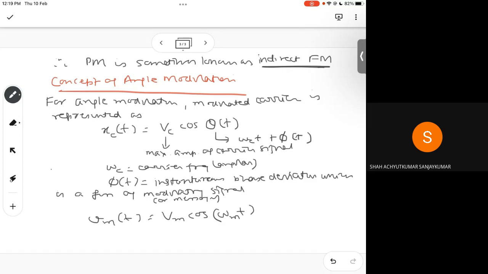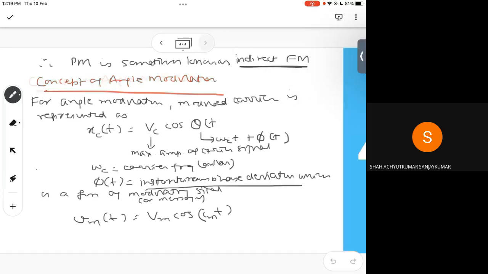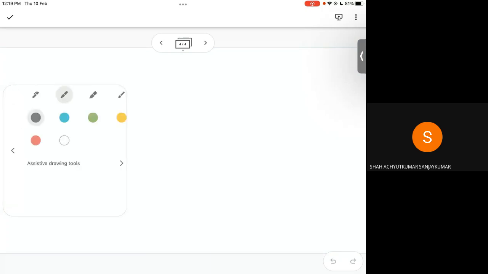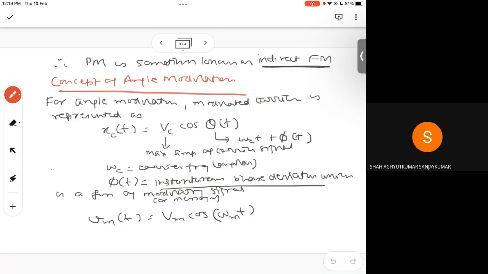So here it is defined as instantaneous phase deviation. Just like we have instantaneous phase deviation, I can define the instantaneous angular frequency. I'm just highlighting various things that we are learning here. So this is the instantaneous phase deviation, phi(t).